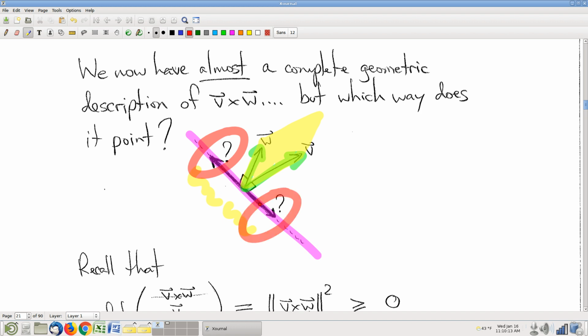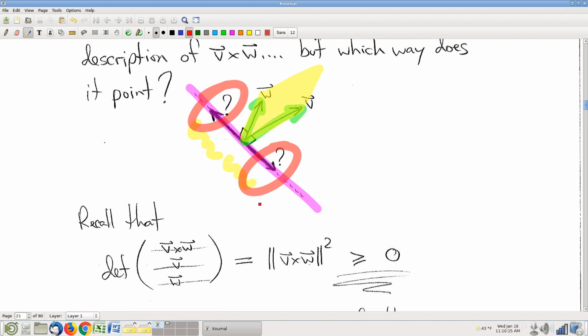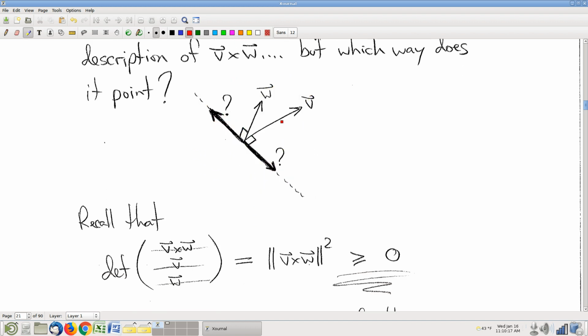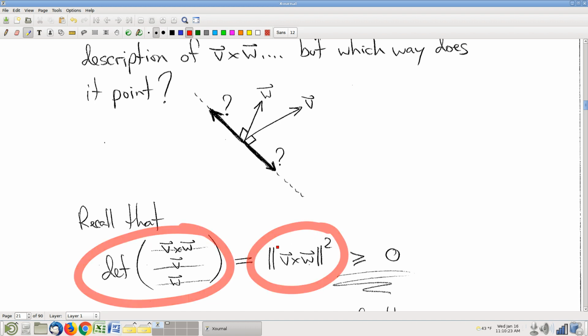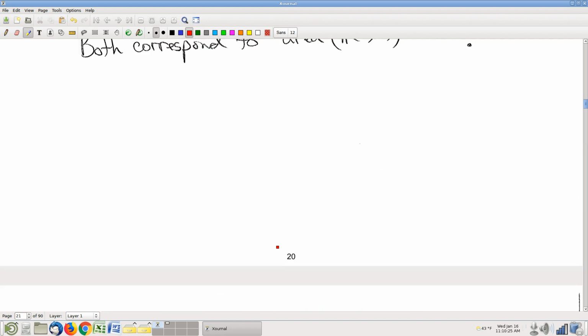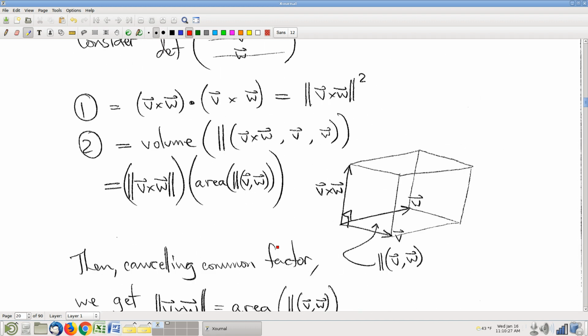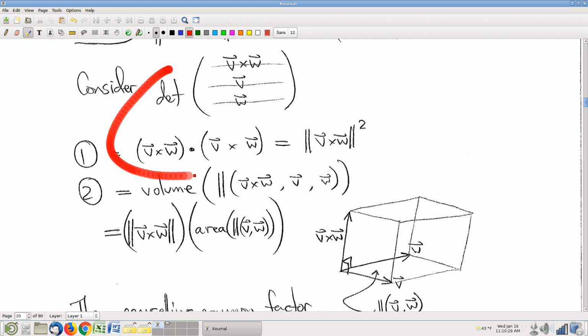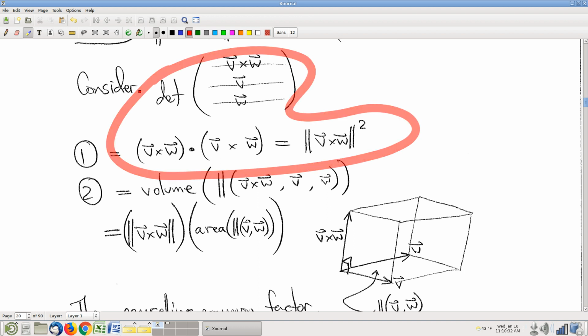And the answer comes from one of the previous very recent arguments. This determinant, we argued, was a magnitude squared. That was right here. Right, the determinant, a triple product, is a magnitude squared in that case.